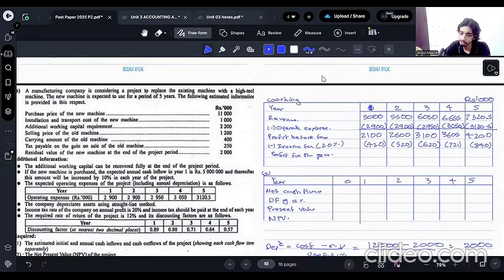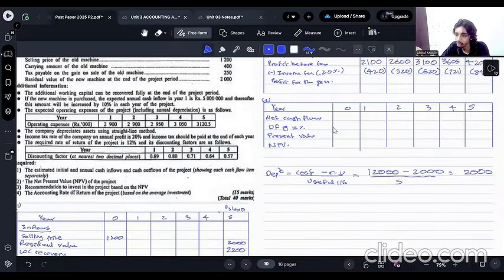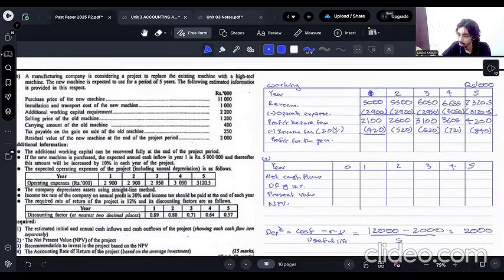Then profit for the year you can find and keep, because later they are telling to find the ARR, right? So 2,100 minus 420, that is 1,680. Here 2,600 minus 520, 2,080. 3,100 minus 620, 2,480. And here 3,605 minus 721, 2,884. And for year 5, 4,200 minus 840, 3,360.